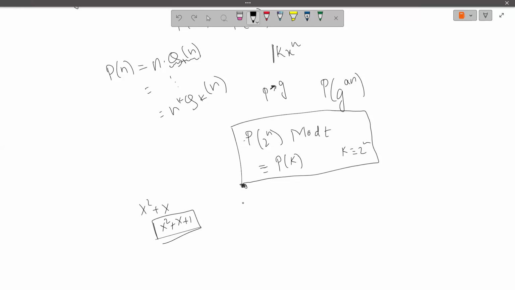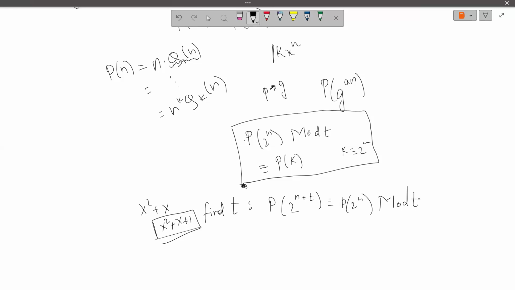So instead, I give you the claim because this is a very useful thing I want you people to know. What you can do is find some quantity t such that p of 2 raised to the power n plus t is congruent to p of 2 raised to the power n mod t.